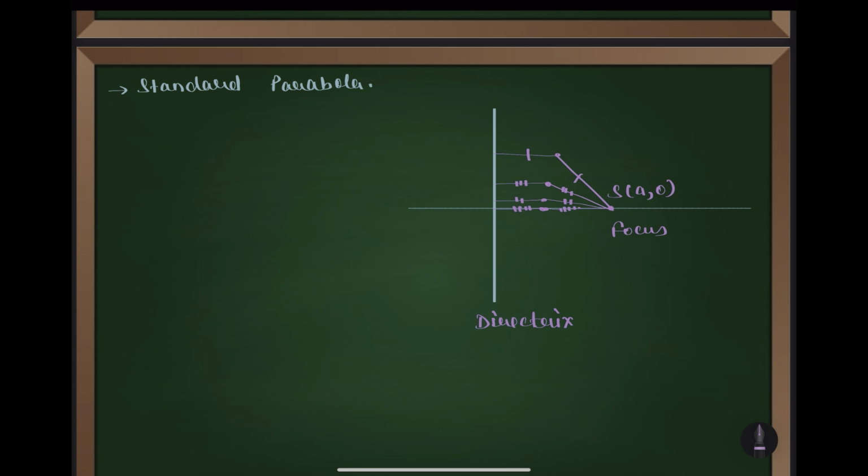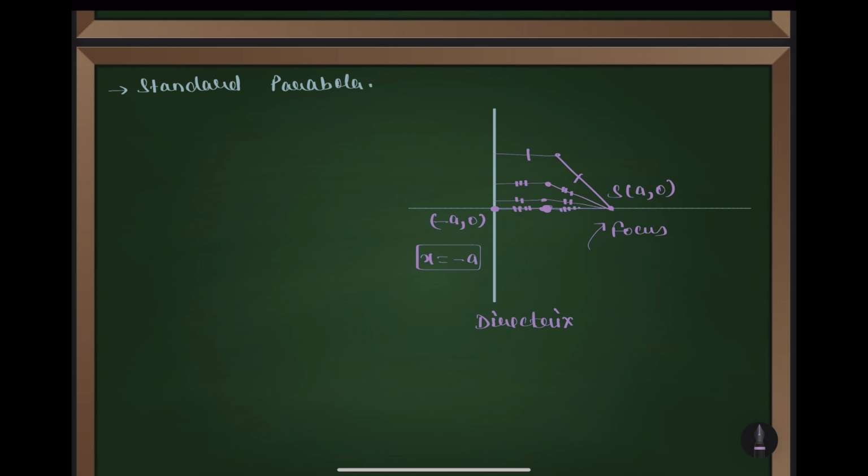Correct. Now look at this. You know that this point S is (a, 0) and this is the midpoint. So can I say that this point would be (-a, 0)? And also you know that the x coordinate is the same, so the directrix is x equals to minus a. Correct. So till this part you guys are okay.